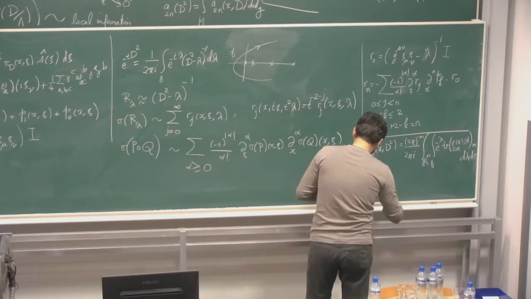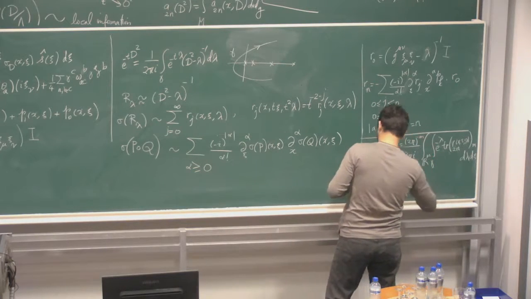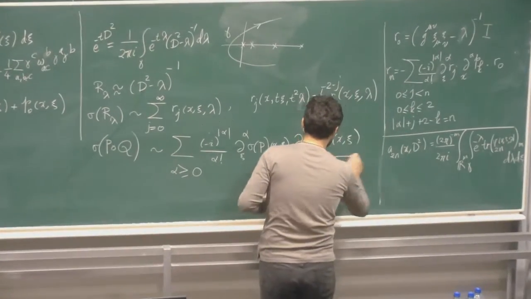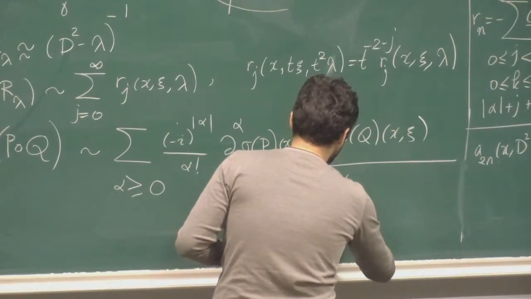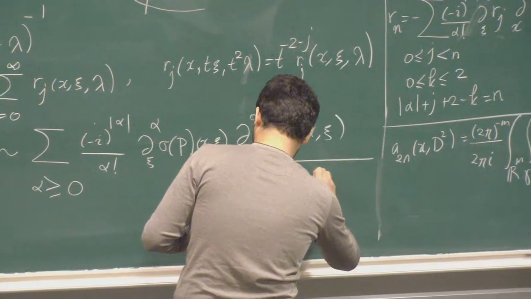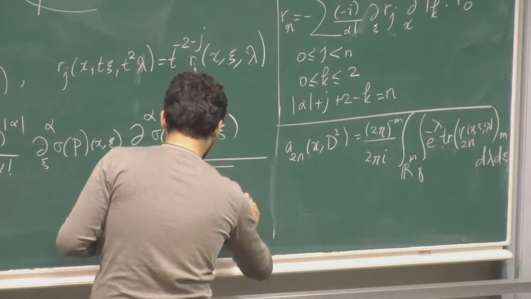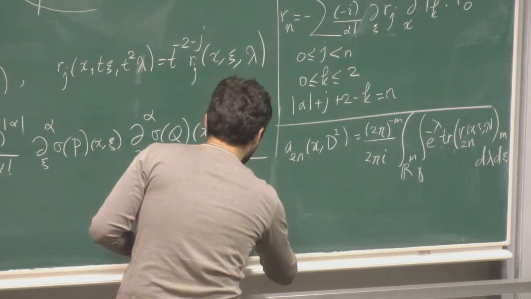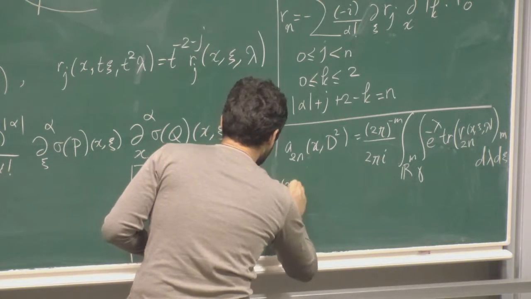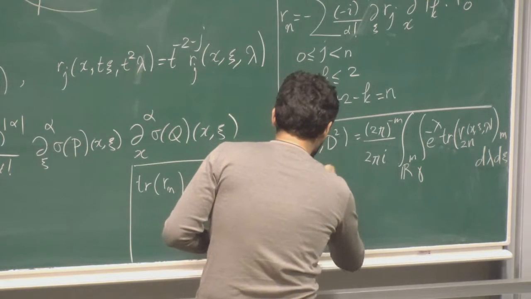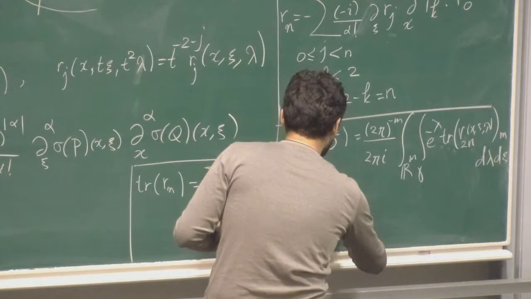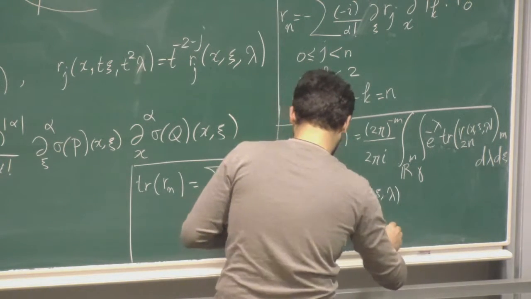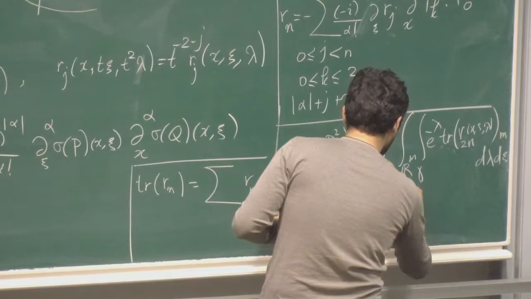So let me explain what the trace of this looks like. So the trace of Rn, by induction, one can prove that it is a sum of terms with some power g.